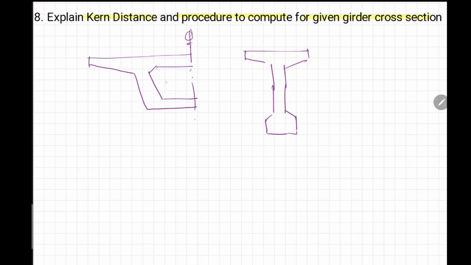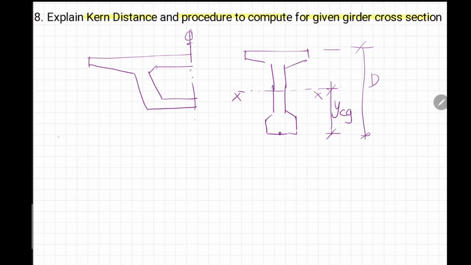So first we calculate the moment of inertia. Before we calculate the moment of inertia, we calculate the CG. So if this is y CG, and the total depth of the girder is d, we calculate the elastic section modulus.